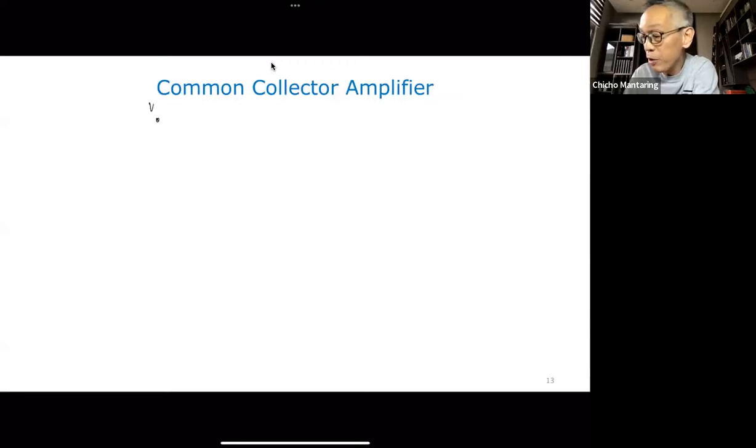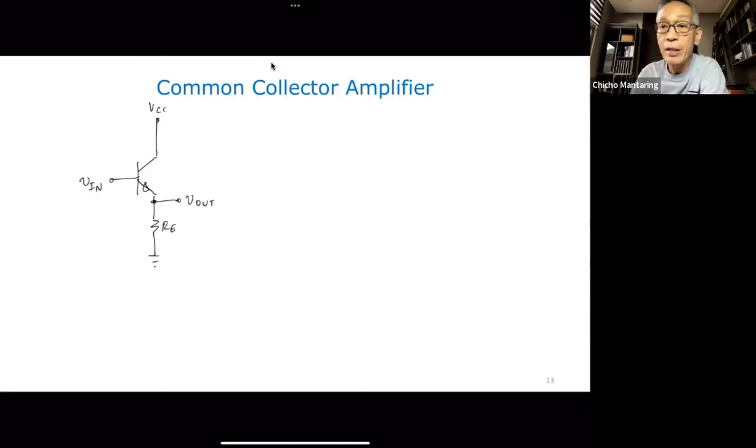So my supply voltage is going to be applied at my collector, and this is the simplest common collector amplifier possible. So this is V out, this is RE, and my input is applied to my base.